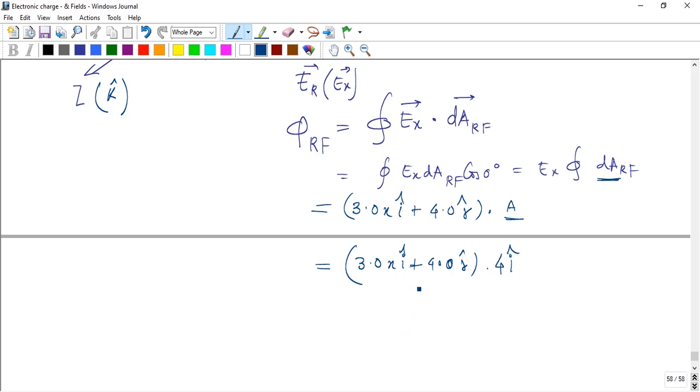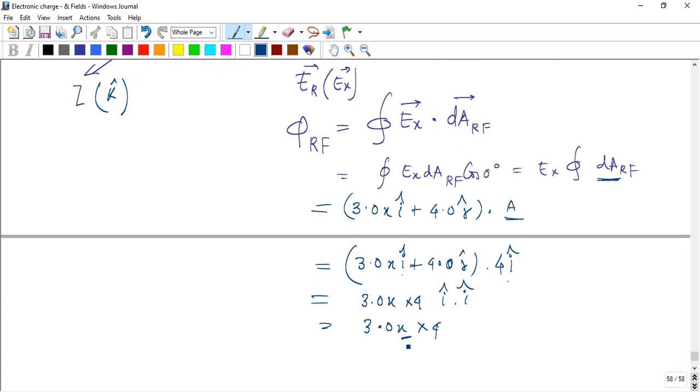From vector algebra, i cap dot i cap is 1 and j cap dot i cap is 0, so that cancels. So we get 3.0x times 4. What is the value of x?